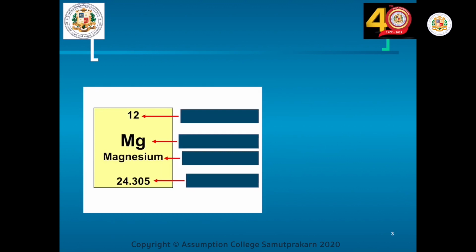Now, we have many different types of these atoms, and they are found in, very good, the periodic table of elements. Do you still remember how many atoms or elements we have in the periodic table? Right, we have 118 elements. An example of them is this one, which we call magnesium.